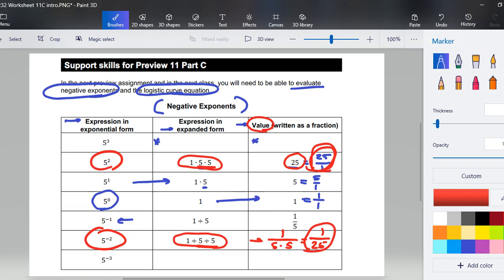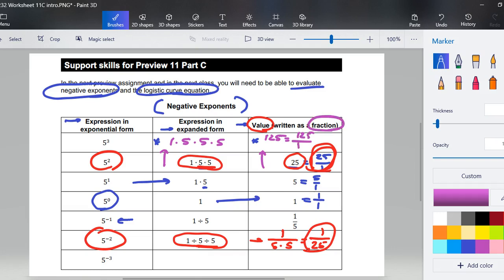Then question 4 says, fill in the expressions and values for those cells that are blank. So we have several cells that are blank. Why don't we go ahead and keep going this way? So 5 cubed would be 1 times 5 times 5 times 5, or 125, which is the same as 125 over 1, to write it as a fraction.